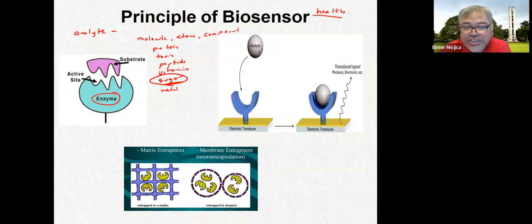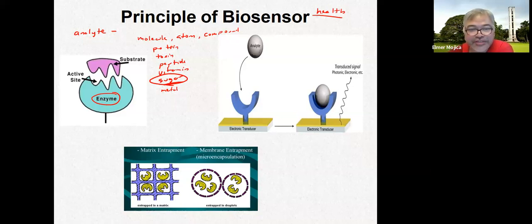And the challenge that you're going to have now is, how are you going to put that biological component into a transducer? How are you going to deliver the analyte to the sensitive region?